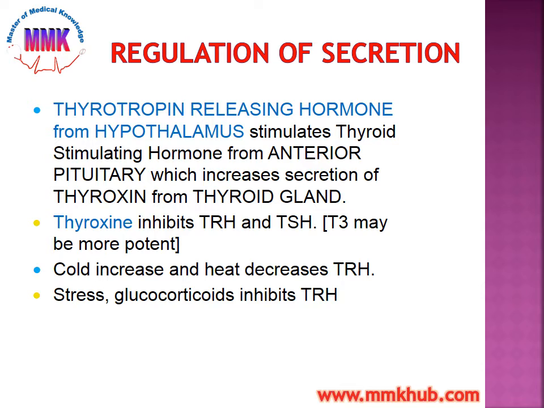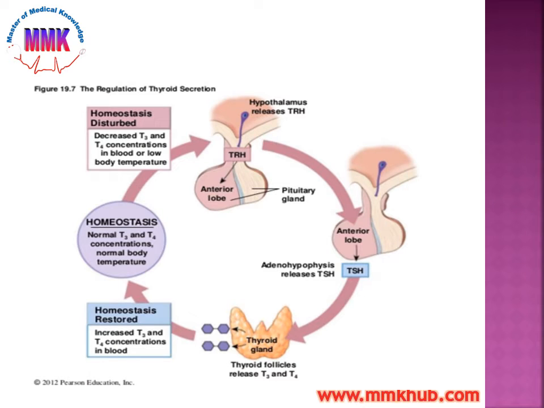Cold increases and heat decreases thyrotropin releasing hormone secretion, while stress and glucocorticoids inhibit thyrotropin releasing hormone secretion. This diagram also summarizes the regulation of thyroid secretion and the role of the hypothalamus and anterior pituitary in the regulation of thyroid hormone secretion from the thyroid gland.